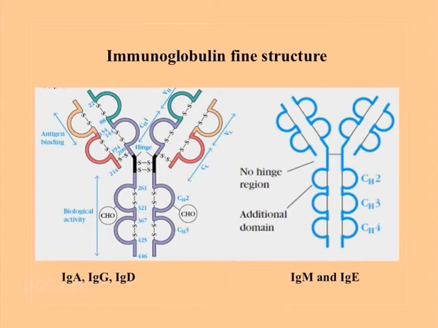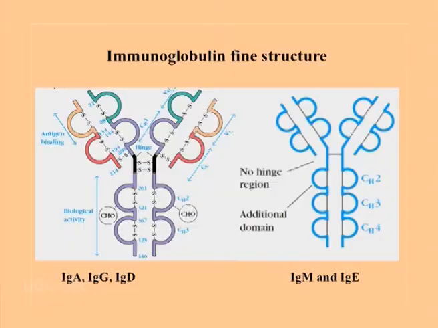In case of IgA, IgG and IgD, an additional region is present between CH1 and CH2 domains. This region is called the hinge region. The hinge region is mainly composed of proline residues, and due to the presence of proline residues, this region is flexible, and the 2 Fab fragments, each immunoglobulin has 2 Fab fragments, antigen binding sites, can rotate.